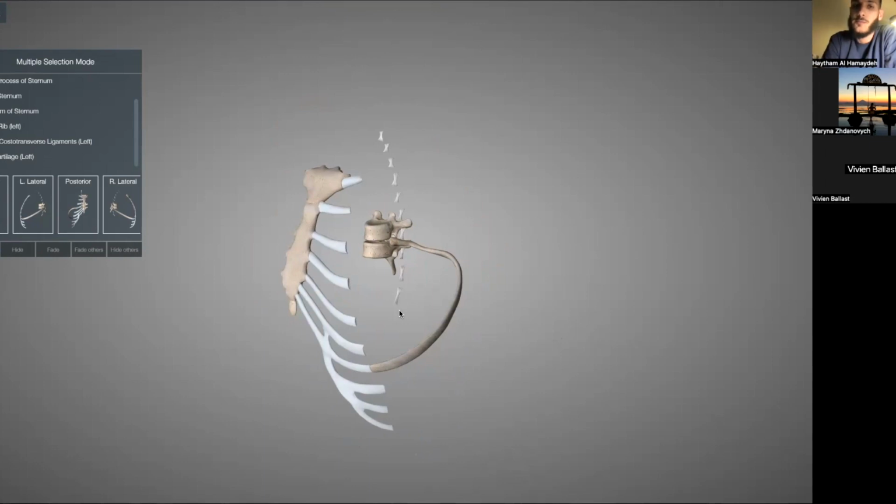The manubrium articulates with the clavicle, the first rib and half of the second rib, because the other half of the second rib articulates with the body of the sternum, which also articulates with the third, 4th, 5th, 6th, and half of the 7th. And the other half of the 7th rib articulates with the last part, the xiphoid process.